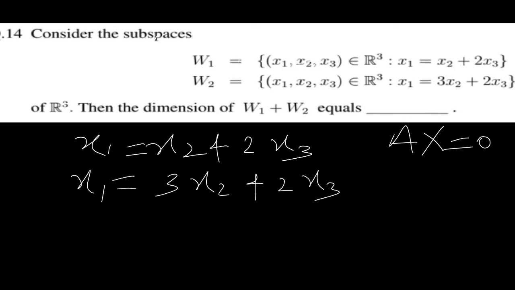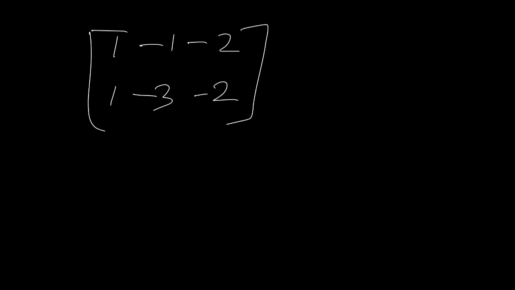Then you find the matrix form of these two equations, which is like that. This is the matrix representation of these two equations. Now we can find the pivots and free variable with this matrix. You can convert it into echelon form.